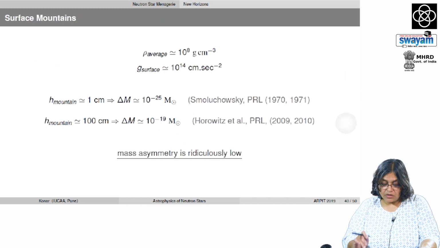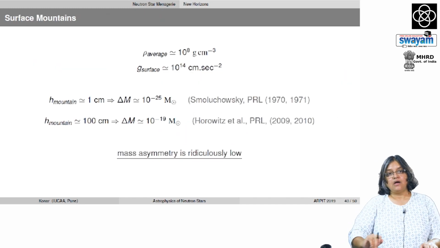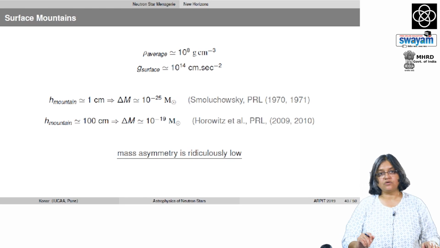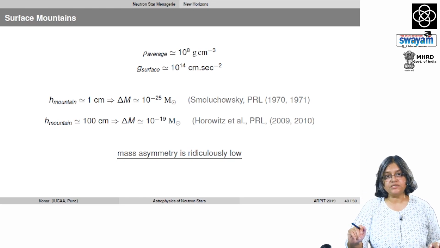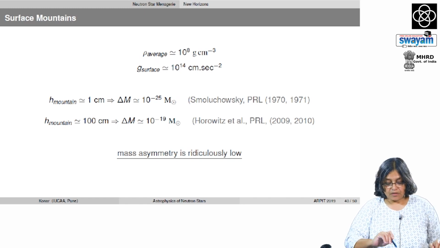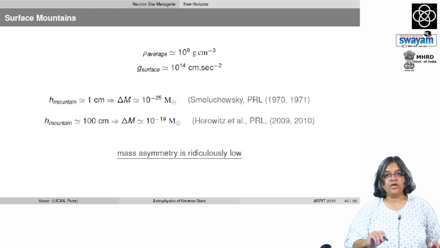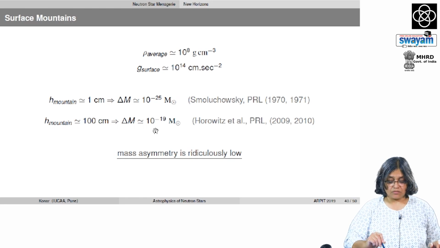Now, we notice that there have been some suggestions about surface inhomogeneities of neutron stars giving rise to gravitational waves. What we have seen is that the amount of mass that would be available for surface inhomogeneities is very small.